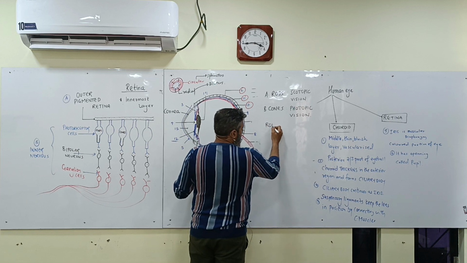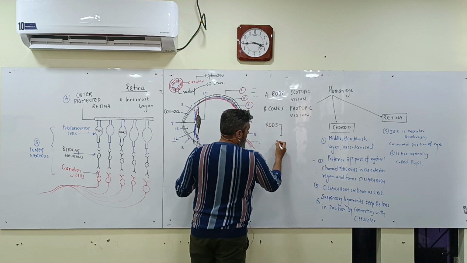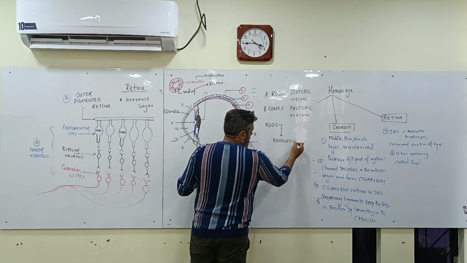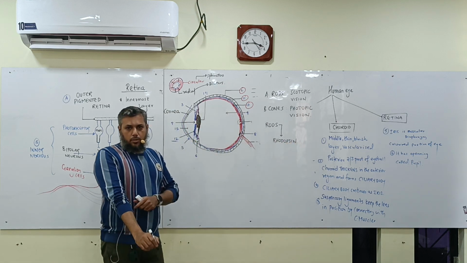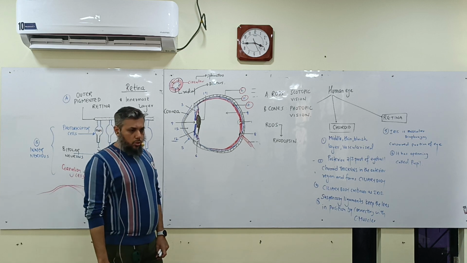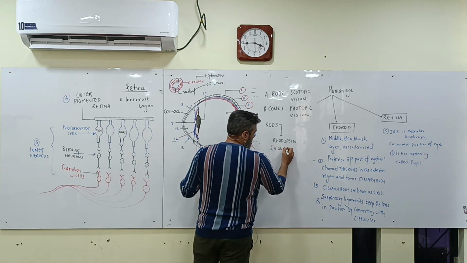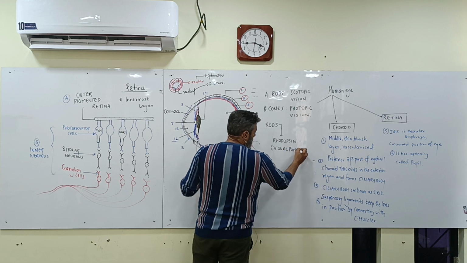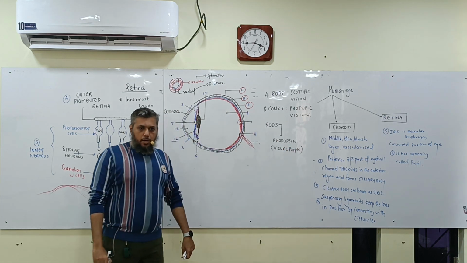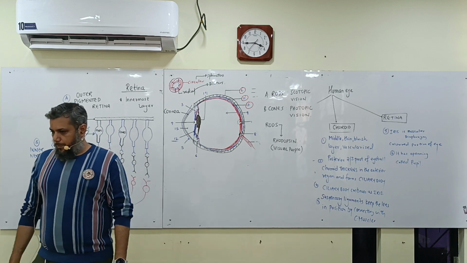The rods are made up of a protein called rhodopsin. Rhodopsin is also known as the visual purple of the eye. Okay?